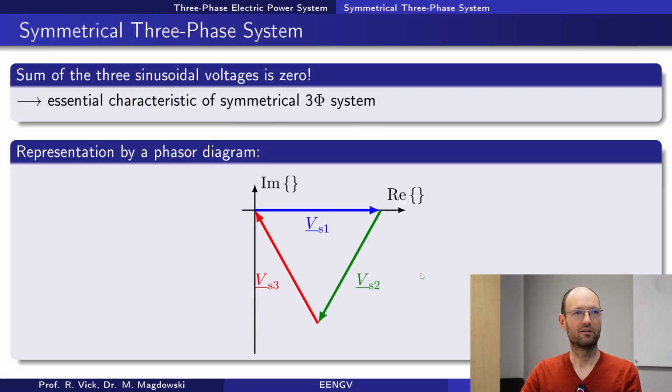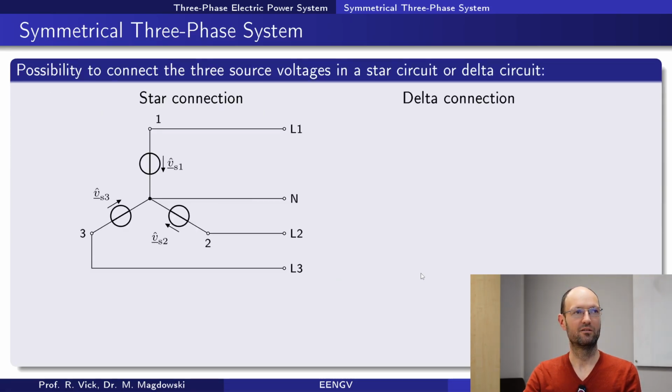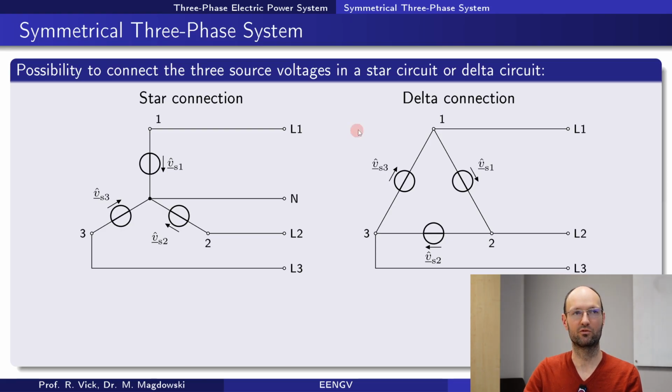So the sum of these 3 voltages is always 0. And this allows us to not have only a star connection of these 3 voltages, but to also connect them in a delta connection. And so even if we take the 3 coils of the generator, and if we connect them in a delta connection, because the sum of these 3 currents is 0, there will be no current going in this loop, because there is no source for this current in this loop.